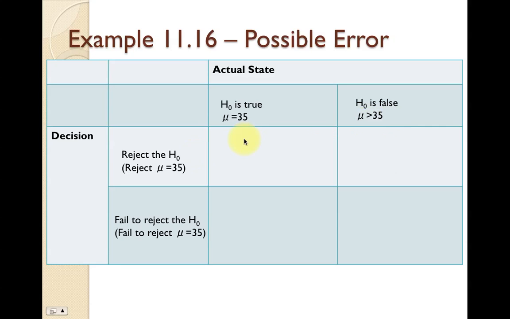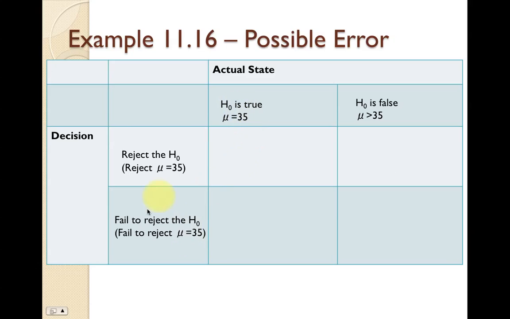Producing this chart for a hypothesis test, you're always going to put the null hypothesis here and the alternative hypothesis here. And you're always going to have reject the null hypothesis here, rejecting what you stated in the null hypothesis, and failing to reject the null hypothesis here, failing to reject what you stated in the null hypothesis.